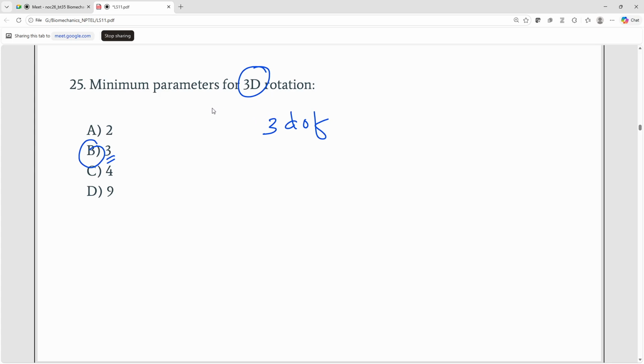In the case of Euler angles, it will be psi, theta, and phi to show the pitch, yaw, and roll.